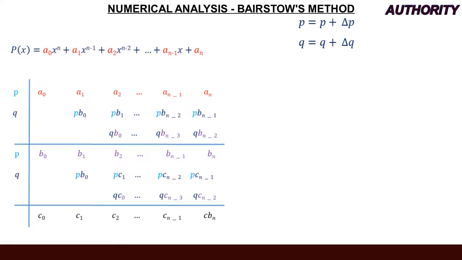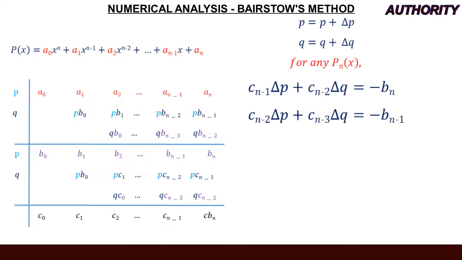Don't be afraid. We are not going to perform any derivative. Okay? Good. But I'm going to show you a very simple formula we are going to use. I'm going to give you a very simple formula that applies for polynomial of any degree. So for polynomial of any degree, you are going to have Cn minus 1 delta P plus Cn minus 2 delta Q is equal to minus Bn.